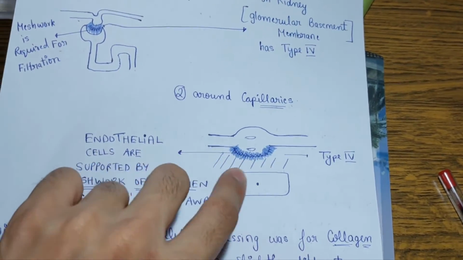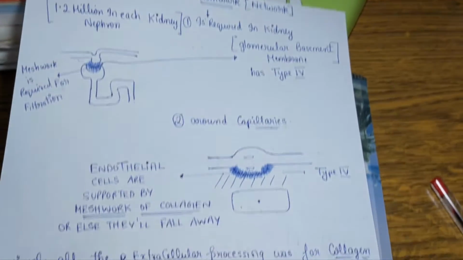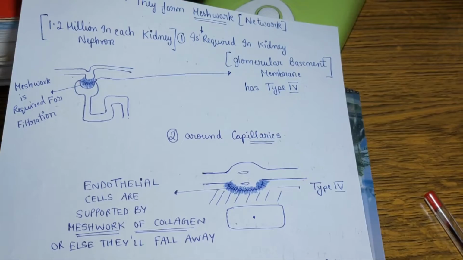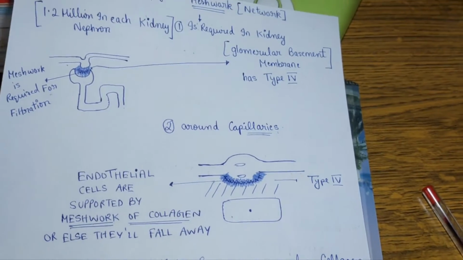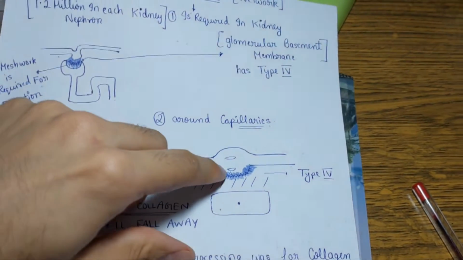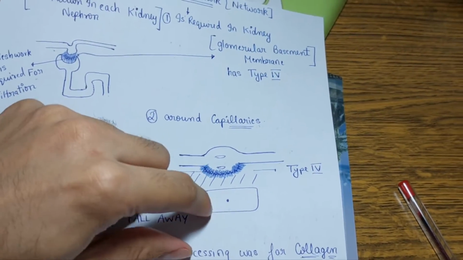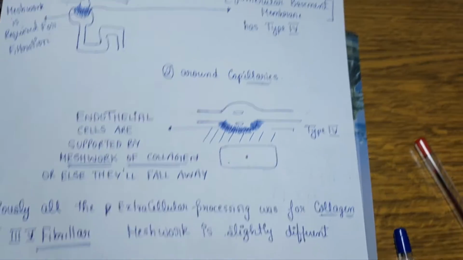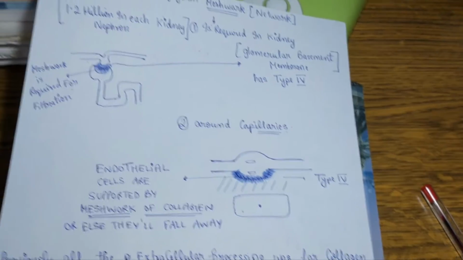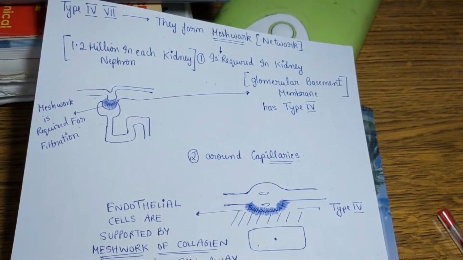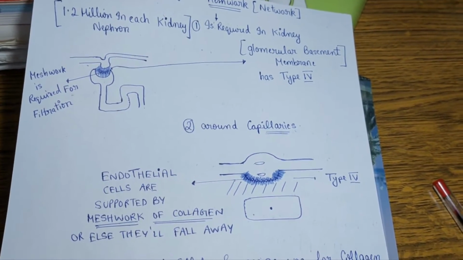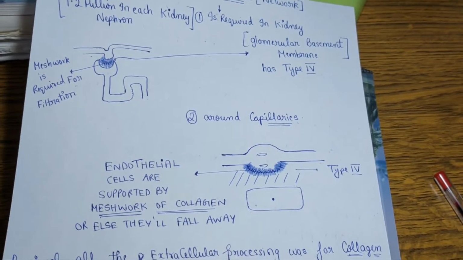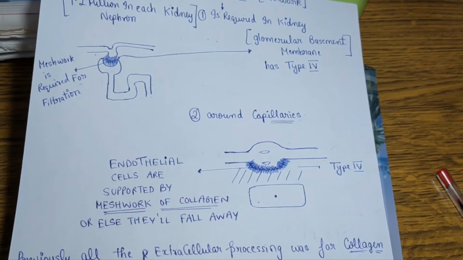So around the capillaries we have type 4 collagen fiber, because it is a meshwork, right? It's like a net, so it helps in movement of materials from the capillaries to the tissue and from the tissue to the capillaries. That is why we use type 4 collagen fibers in the kidney glomerular basement membrane and in the cells around the capillaries.